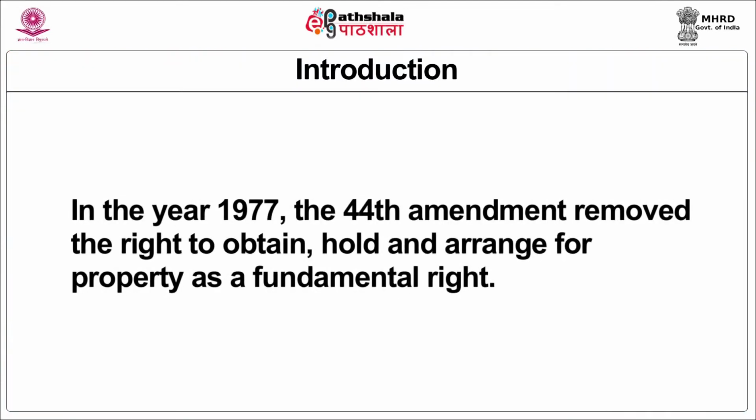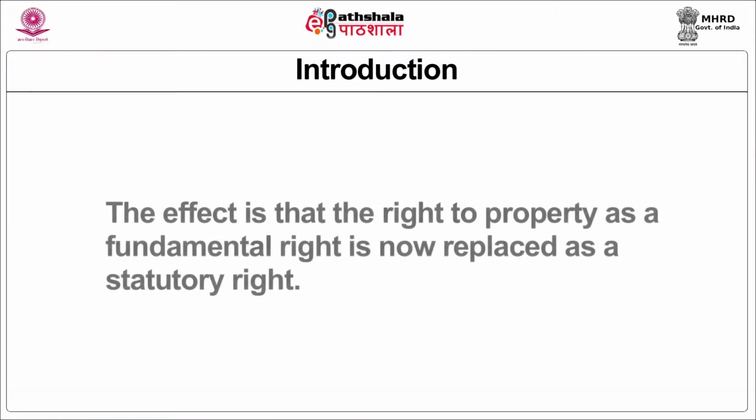In the year 1977, the 44th Amendment of the Indian Constitution removed the right to obtain, hold and arrange property as a fundamental right. However, in a different part of the Constitution, Article 300A was included to insist that no person shall be deprived of his property save by authority of law.